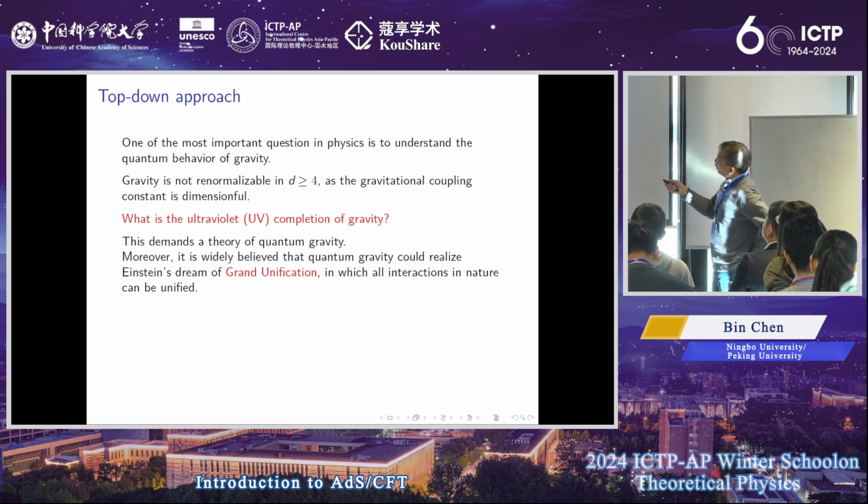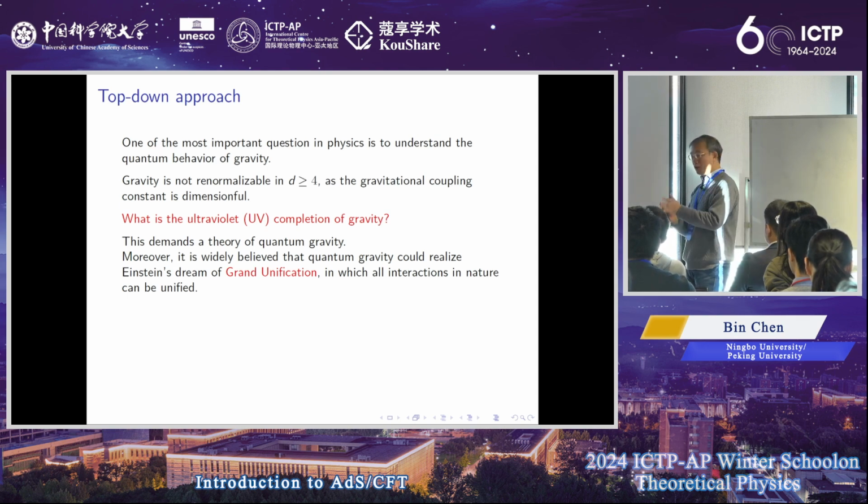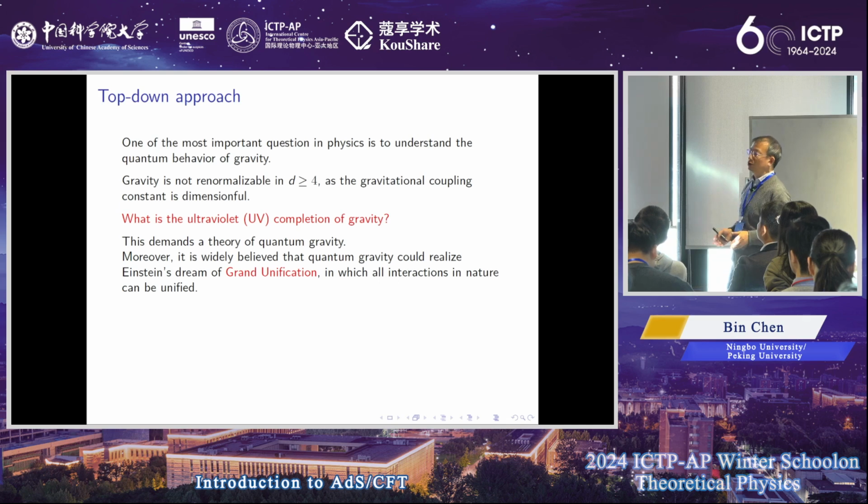So in the top-down approach, we have to start from quantum gravity. So why do we need to study quantum gravity? As we know, one of the most important questions in physics is to understand the quantum behavior of gravity. It's especially important in the early universe. We know we have a Big Bang singularity in classical general relativity.